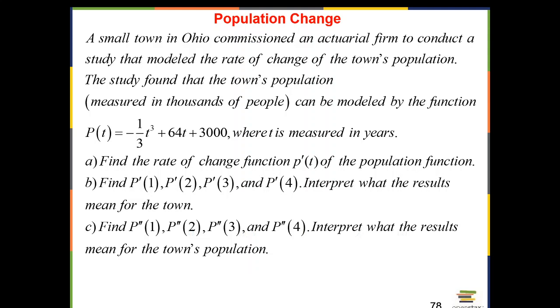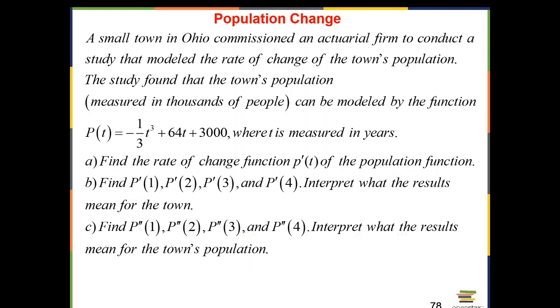It says, a small town in Ohio commissioned an actuarial firm to conduct a study that modeled the rate of change of the town's population. The study found that the town's population, measured in thousands of people, can be modeled by the function P of t, where t is measured in years.